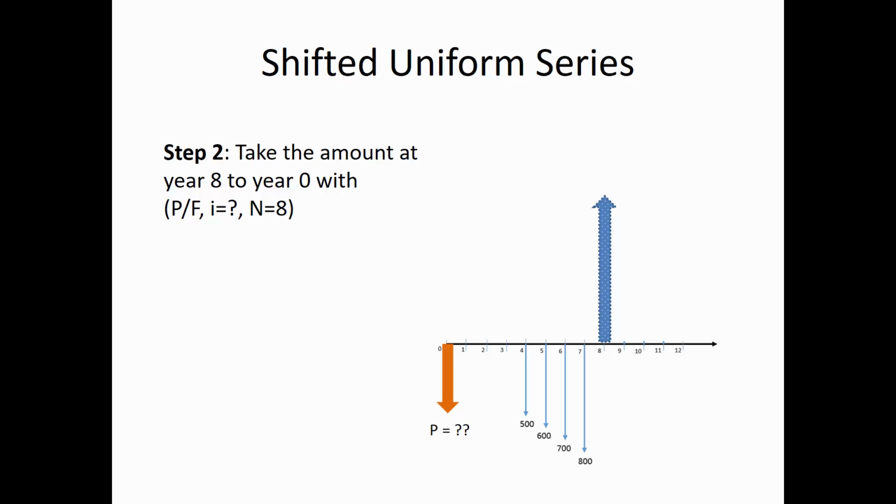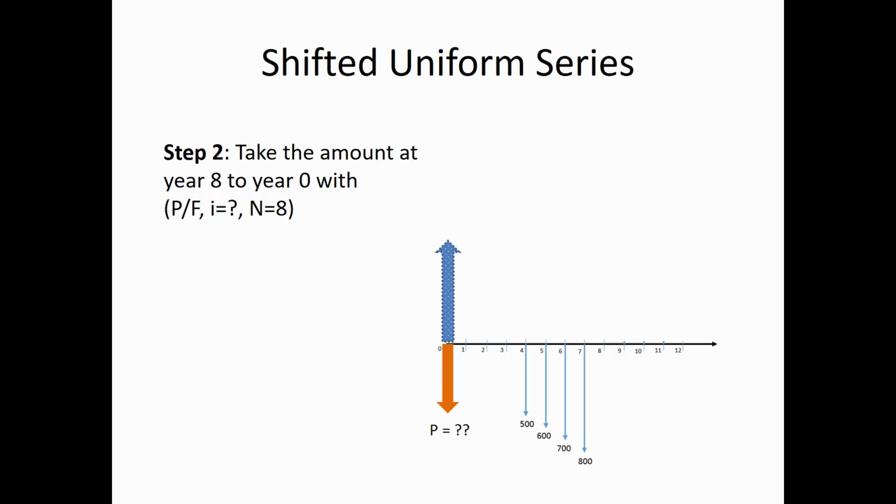So in terms of a visual representation, we're going to take that big single amount in year 8 and move it to year 0. And then it's not there anymore in year 8 once we do that conversion. All right. Any questions about this?